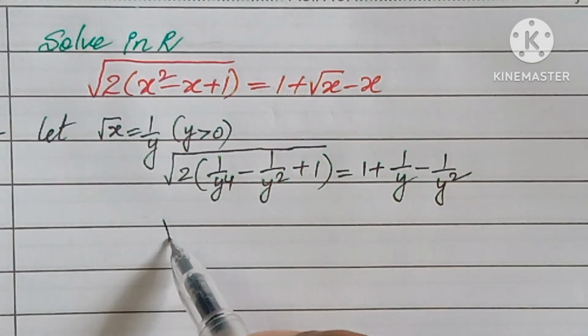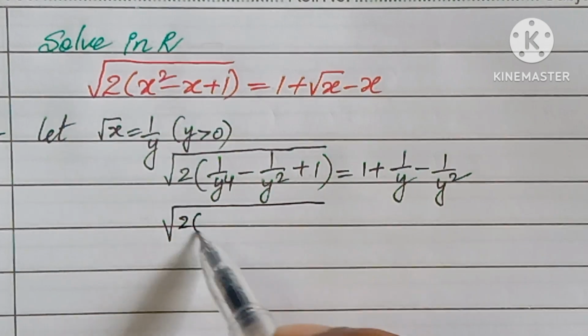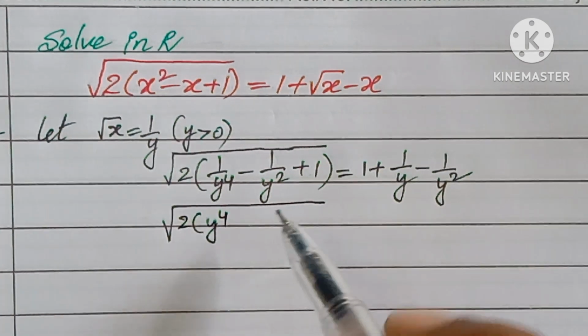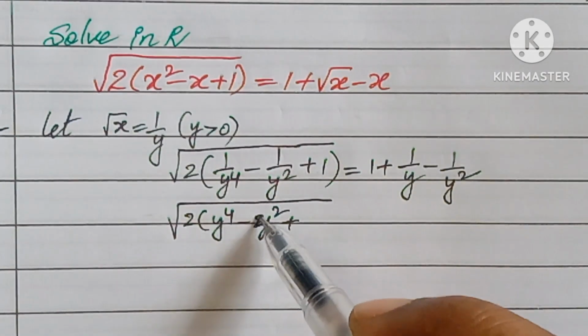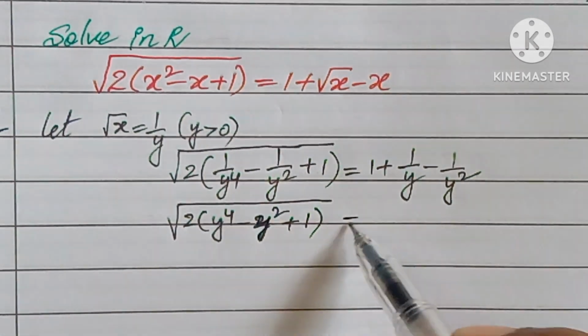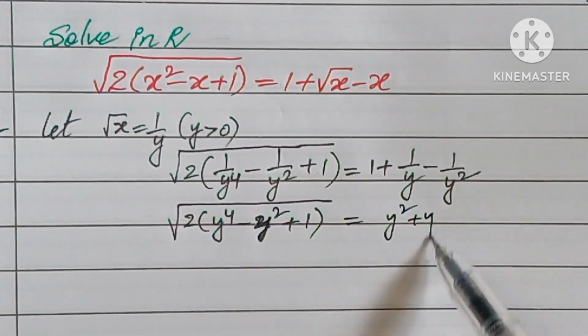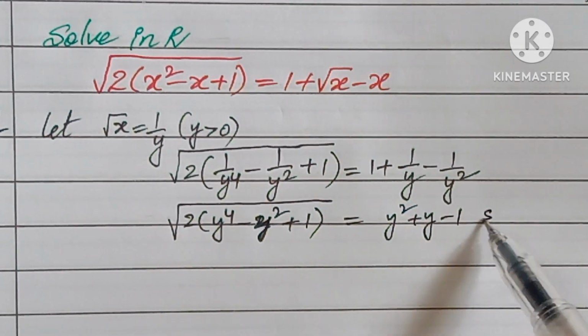So here you'll get a square root of 2 into y to the power of 4 minus y square plus 1 is equal to y square plus y minus 1.